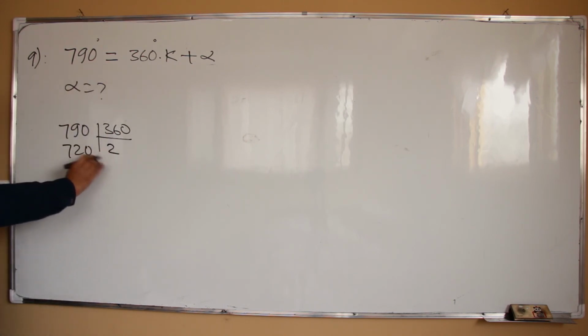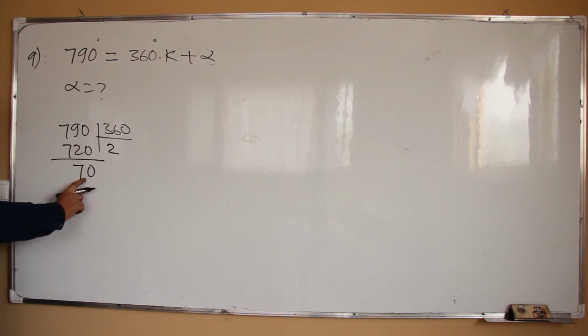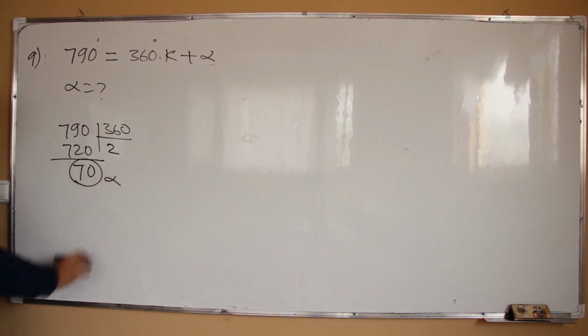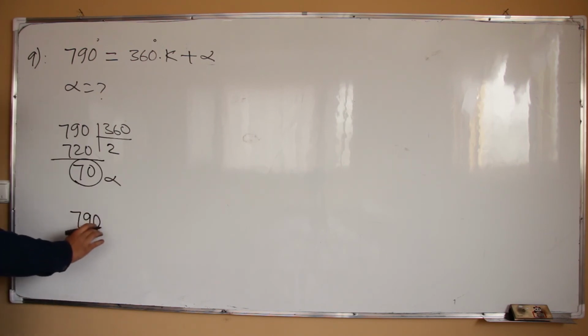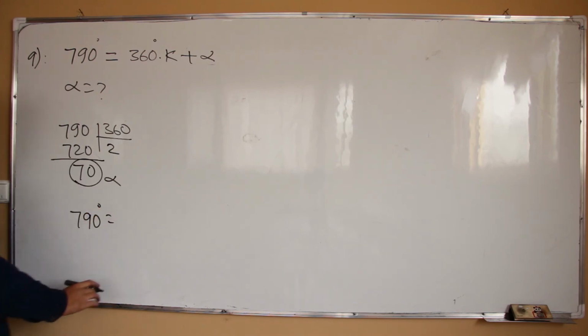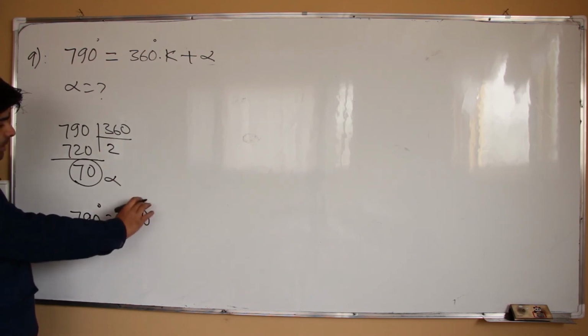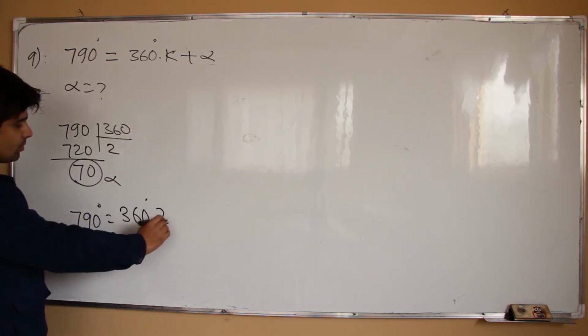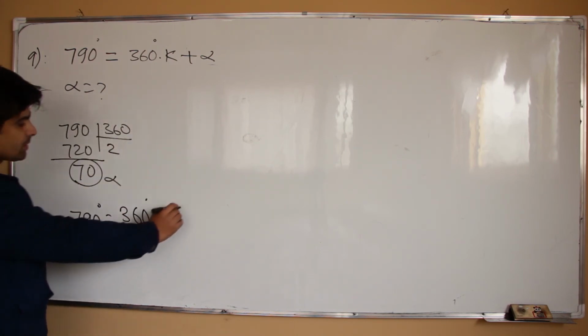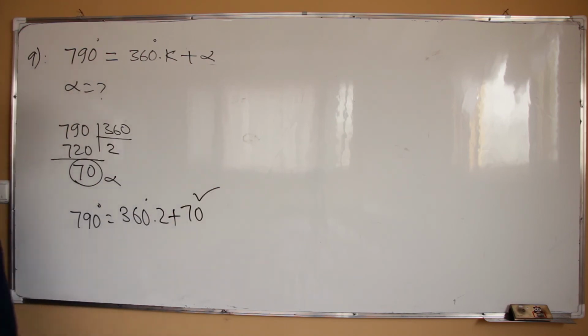It would be 720. Now what is the remaining? 70. Now this 70 is called alpha. I mean, we can write 790 is equal to 360 times k, which is 2, plus alpha, and alpha is 70. This is your alpha. I think you have got it.